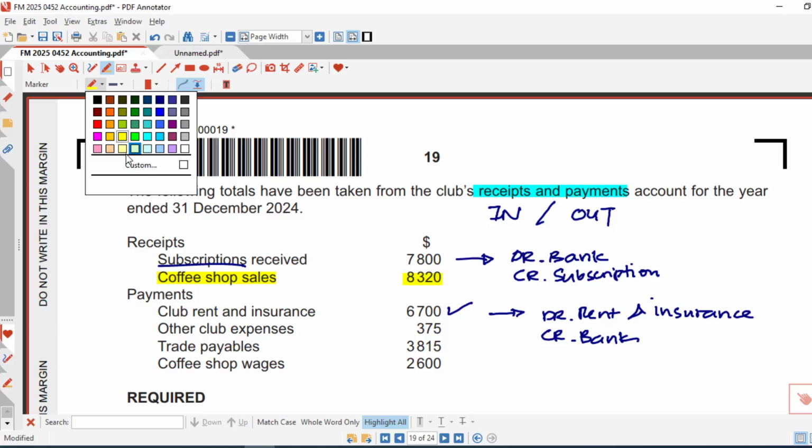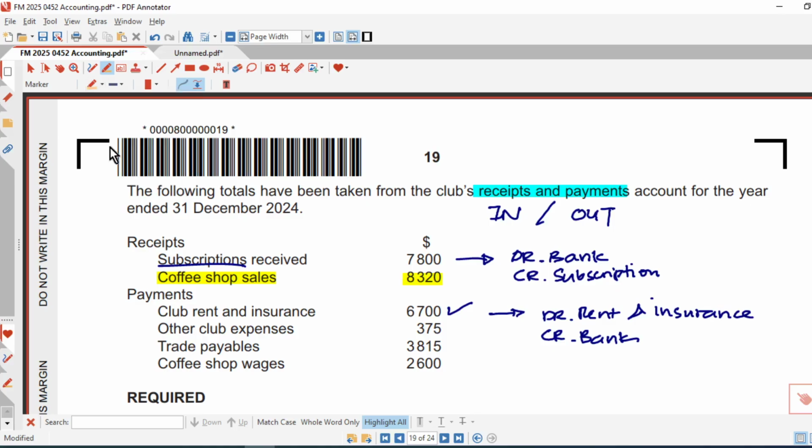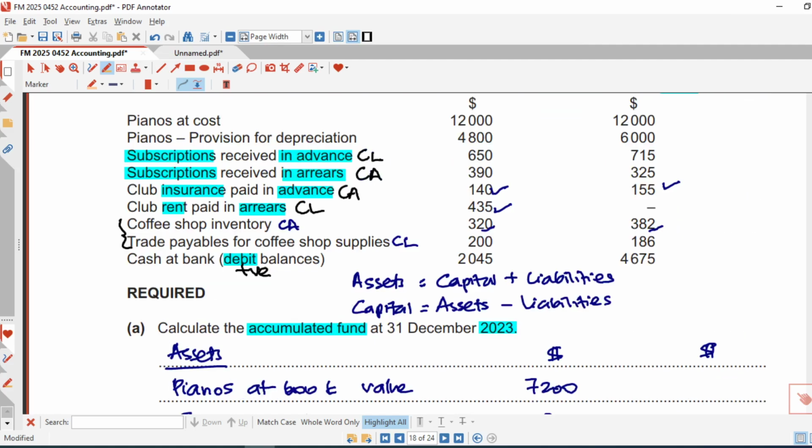So the first information that we have here related to the coffee shop purchases, first of all, trade payables, right? 3,815. Second of all, the opening and closing payables. So you have the payments and you have the opening and closing payables.